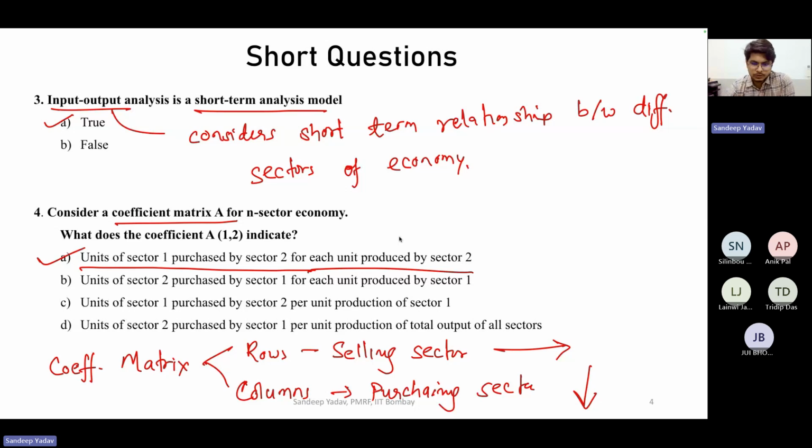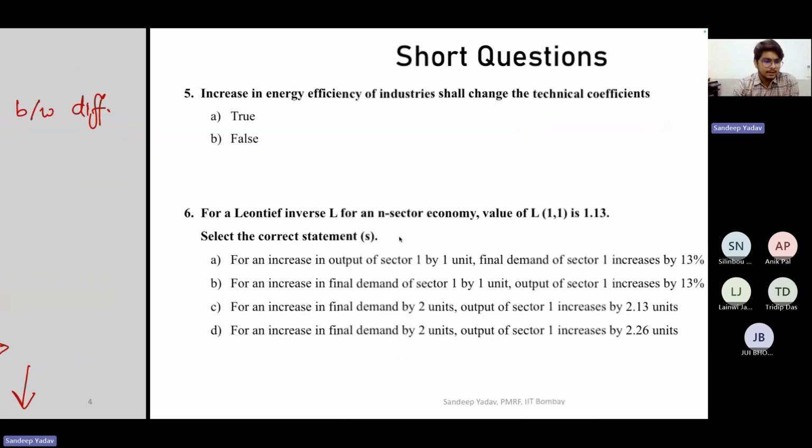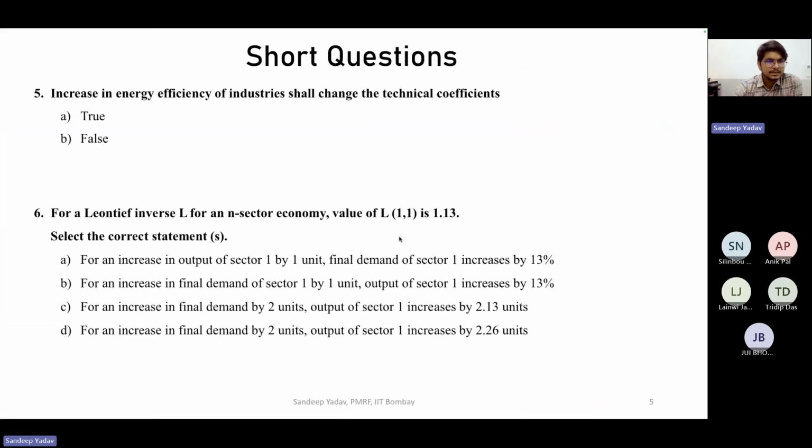Now moving ahead to question number 5. Question number 5 says, increase in energy efficiency of industry shall change the technical coefficients. Is it true or false? We've just given the explanations.